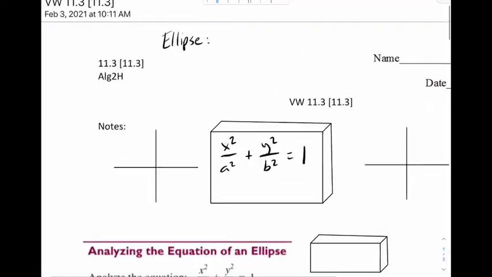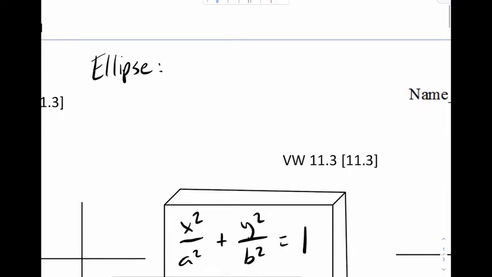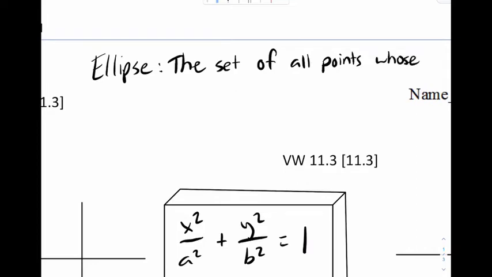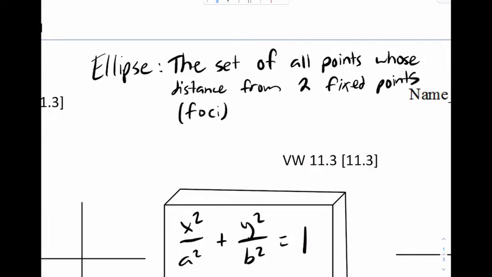So on the top of our papers here, I'm going to give you the definition. An ellipse is the set of all points whose distance from two fixed points, and we'll call them foci, remain constant.